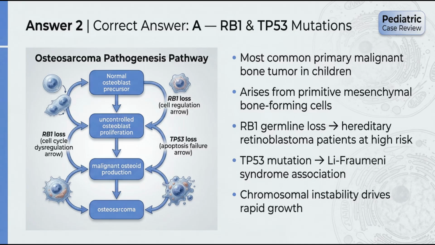TP53 mutation leads to failure of apoptosis and is associated with Li-Fraumeni syndrome, another hereditary cancer predisposition syndrome. Chromosomal instability from these mutations drives the rapid growth and aggressive behavior of this tumor. The EWSR1-FLI1 fusion is the hallmark of Ewing's sarcoma, not osteosarcoma.